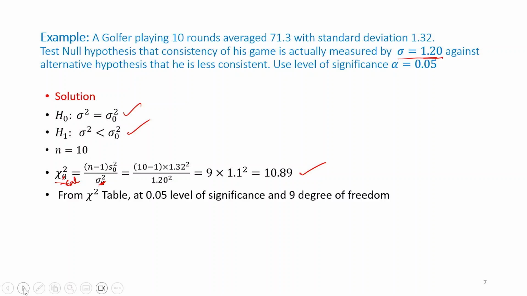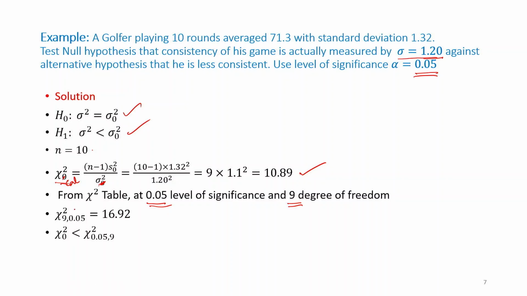Now you have to go to the chi-square table for the level of significance 0.05, which is stated here. We have to find out, for the degrees of freedom 9, because 10 samples are there, so the degrees of freedom will be n minus 1, that is 9.